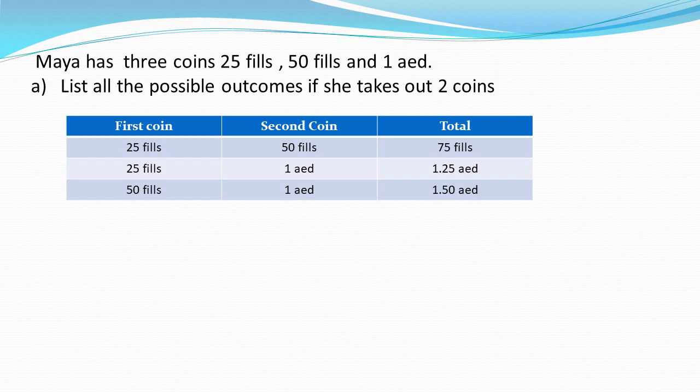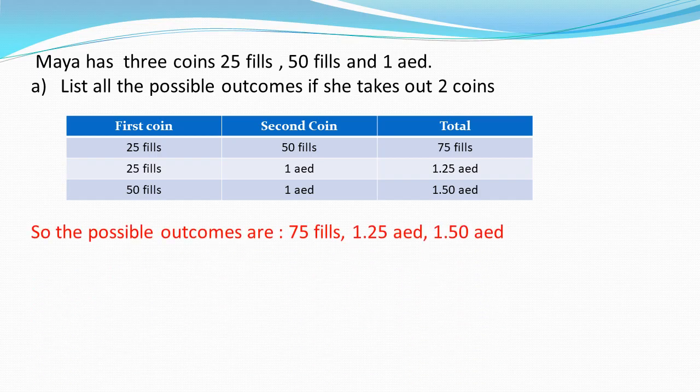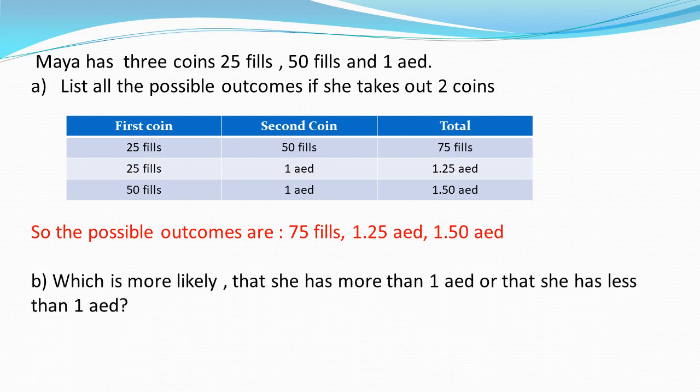So if she took 25 fils and 50 fils, the sum will be 75 fils. 25 fils and 1 dirham, the sum will be 1.25 dirhams. And if she takes 50 fils and 1 dirham, the sum will be 1.50 dirhams. So the possible outcomes here are either 75 fils, 1.25, or 1.50.